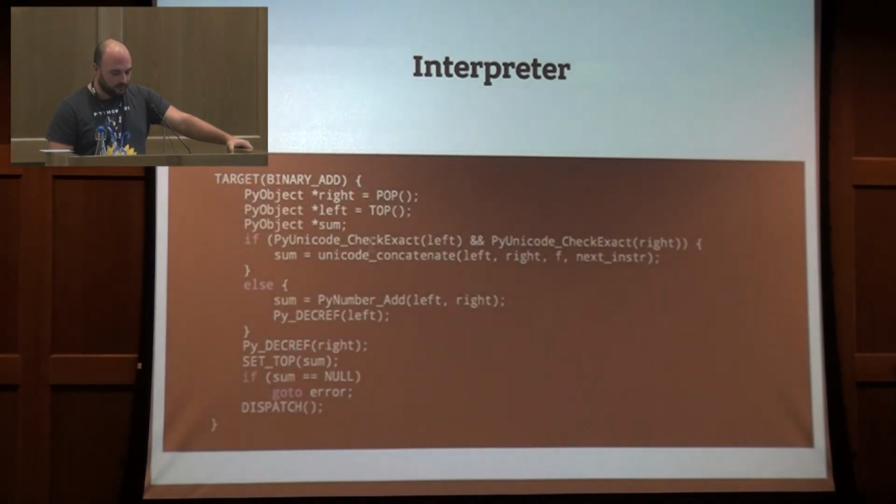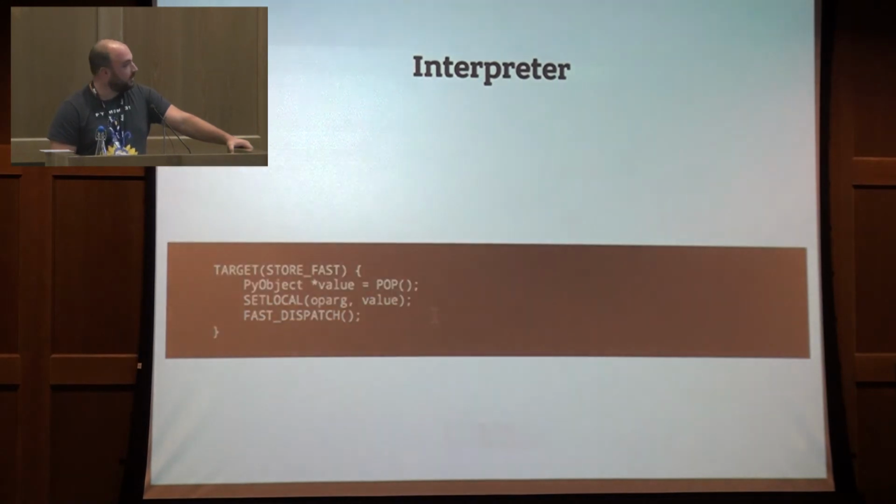For the binary add, I will get two values as a PyObject and just execute it. If I use a PyUnicode, for example, to make a string formatting, this code will be used. If we want to execute a modulo with two numbers, we will use this code. Okay? And we have the store fast.